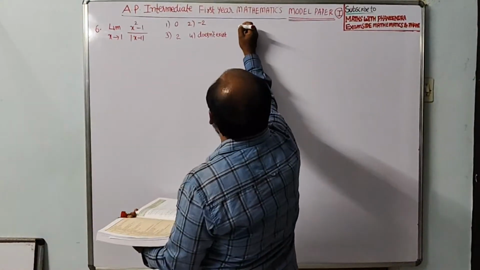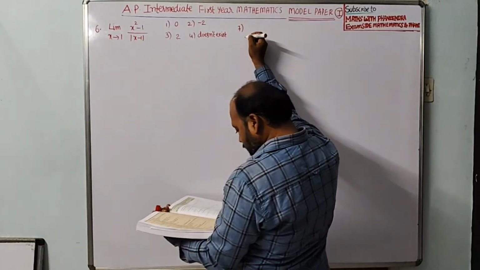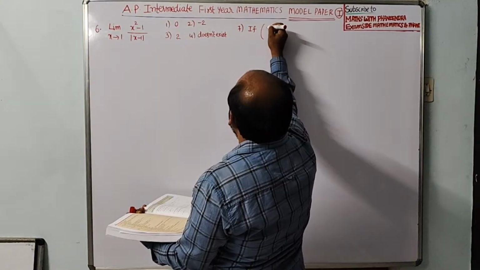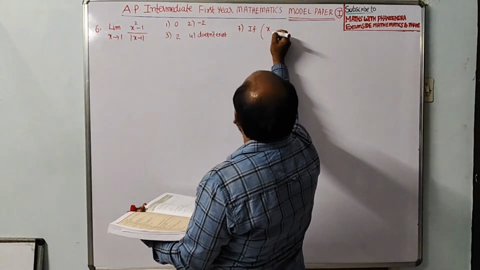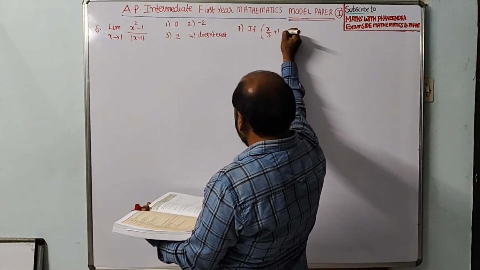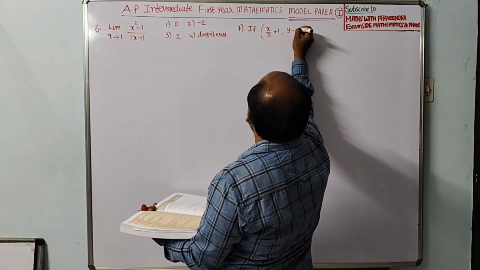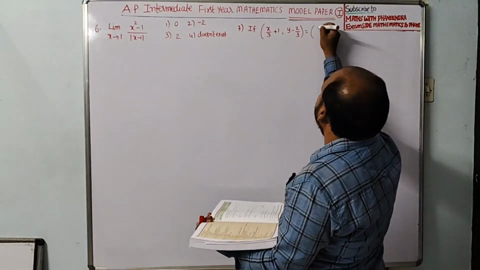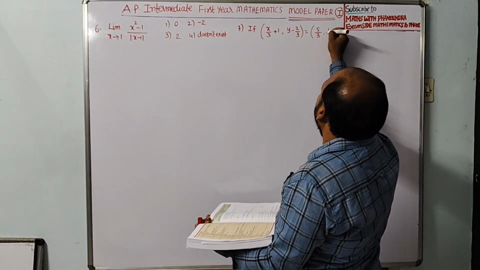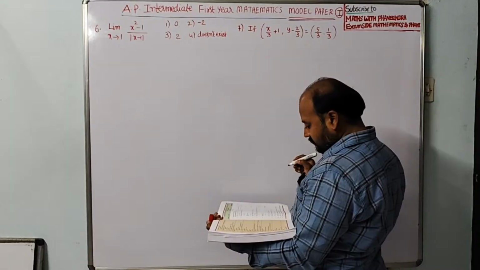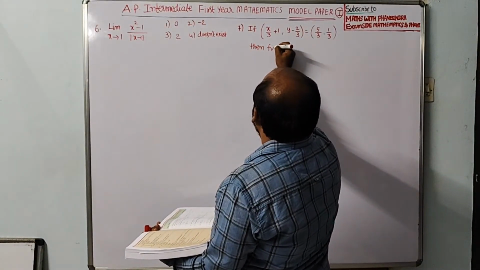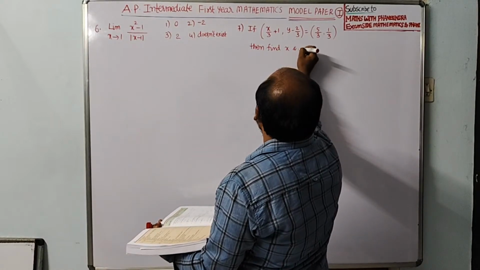Question number 7. If (x by 3 plus 1, y minus 2 by 3) is equal to (5 by 3, 1 by 3), then find x and y.